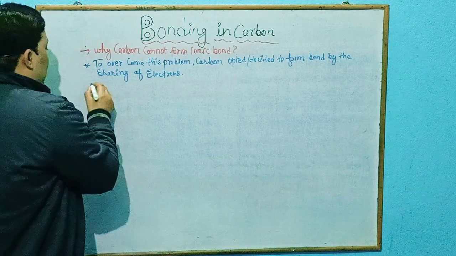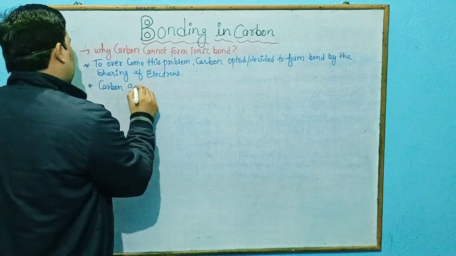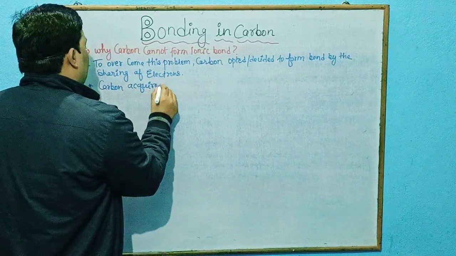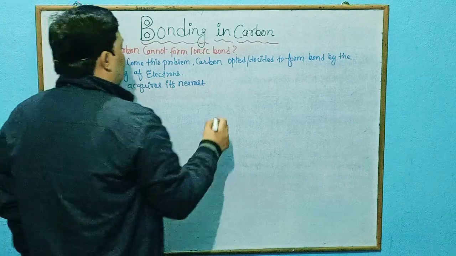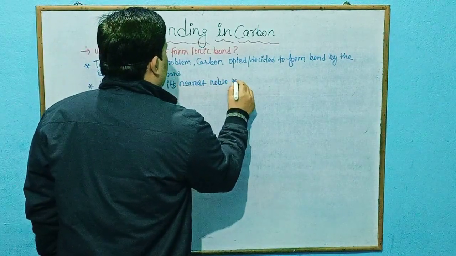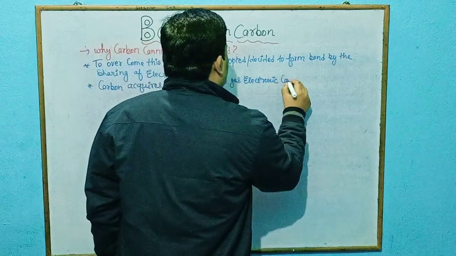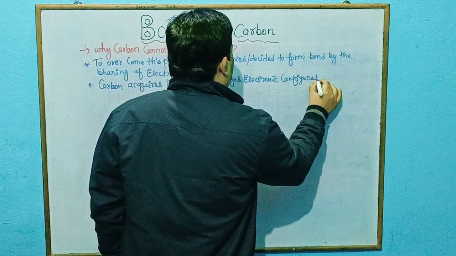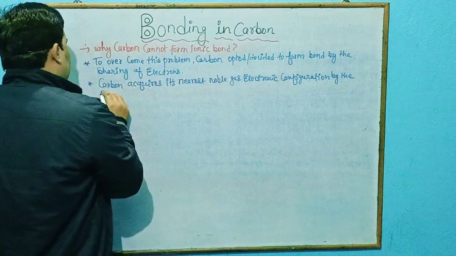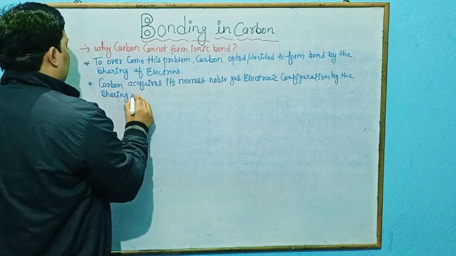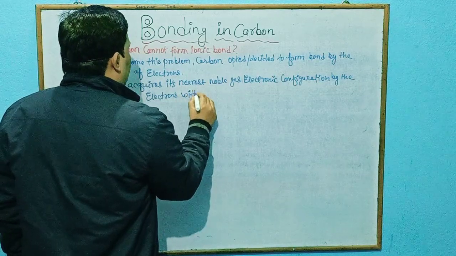So carbon acquires its nearest noble gas electronic configuration by the sharing of electrons with other atoms.